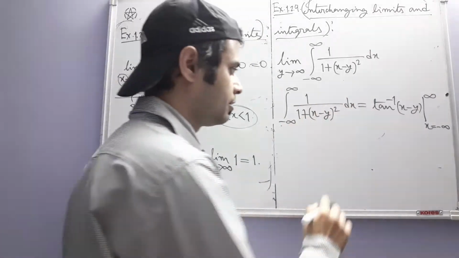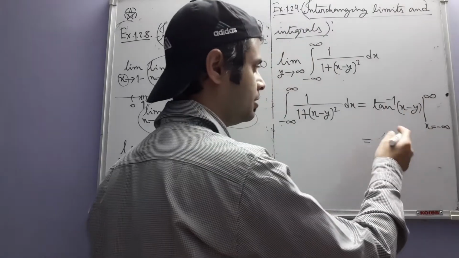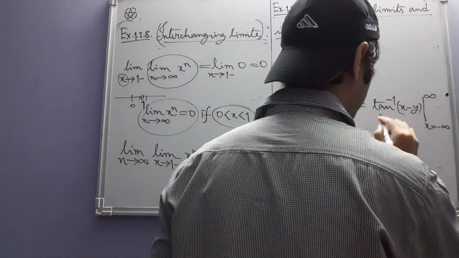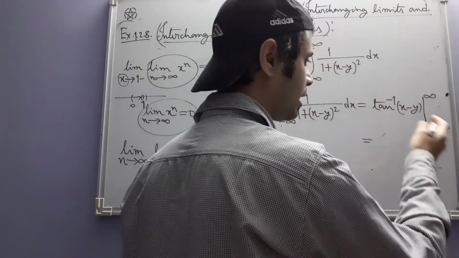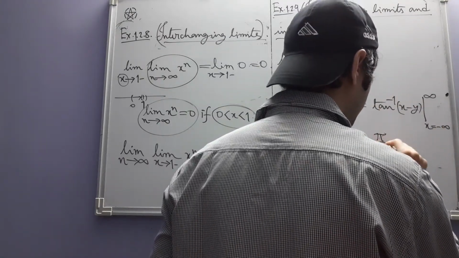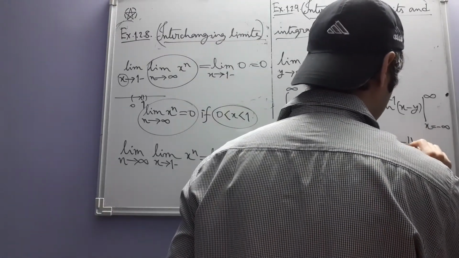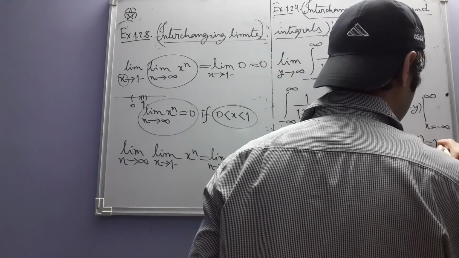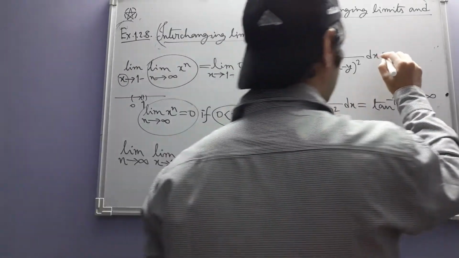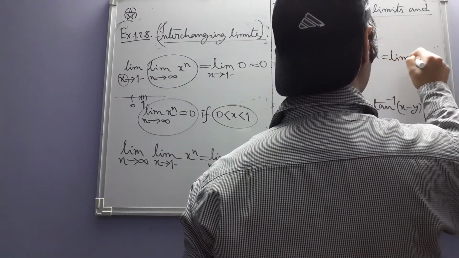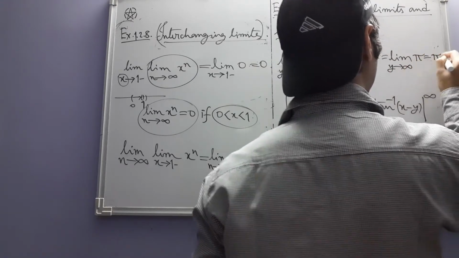You know that the value becomes pi by 2 when x is infinity, and minus pi by 2 when x is minus infinity. So this is equal to pi. So this becomes the limit as y tends to infinity of pi, which is equal to pi.